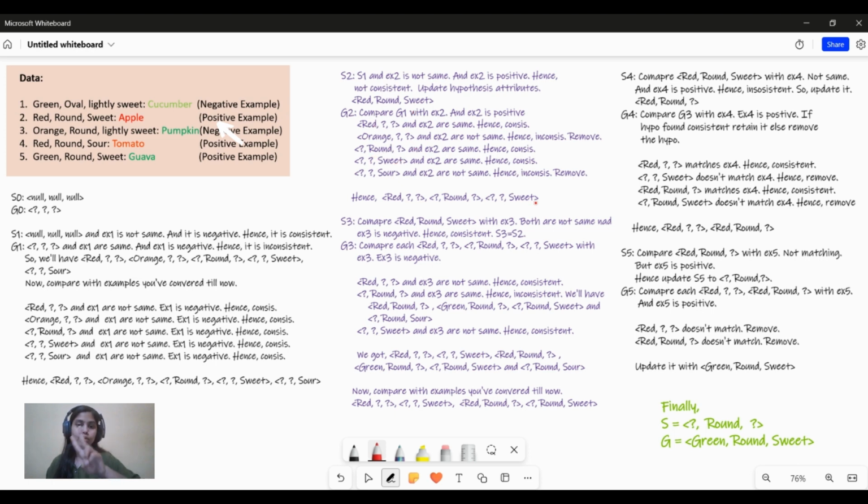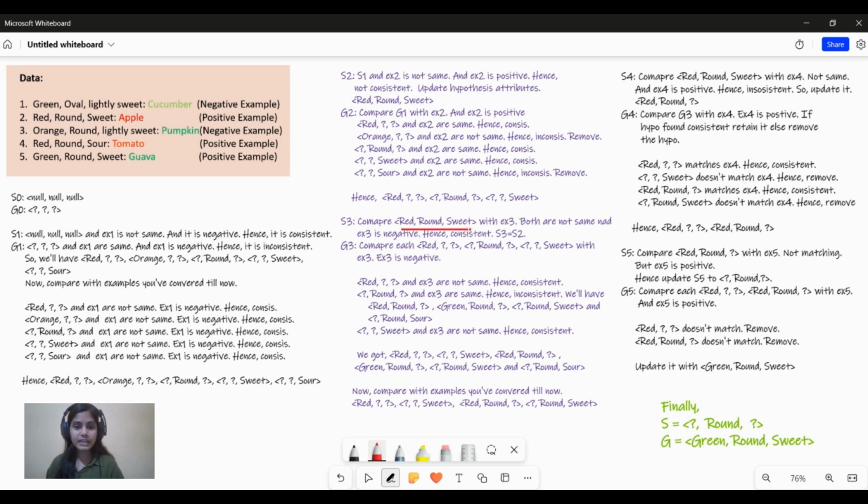So example 2 is covered, now example 3. Compare this with example 3 and note that example 3 is negative. So we don't need to change this specific hypothesis, because as it is negative we will not change anything in the specific hypothesis.